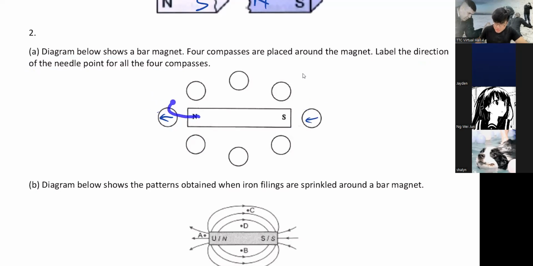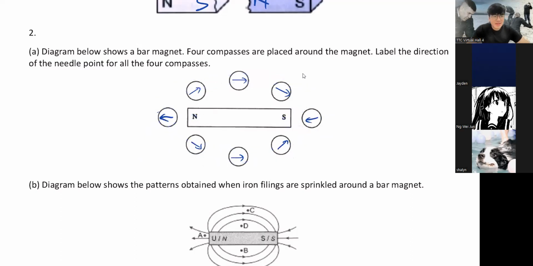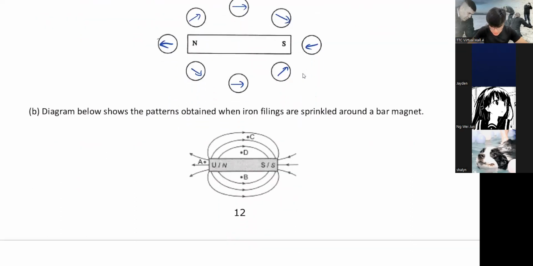And then here it goes back. So we just follow the direction like this. This is going out, this is going in, this is going back. This is just like what you see in your notes. It's exactly the same thing.